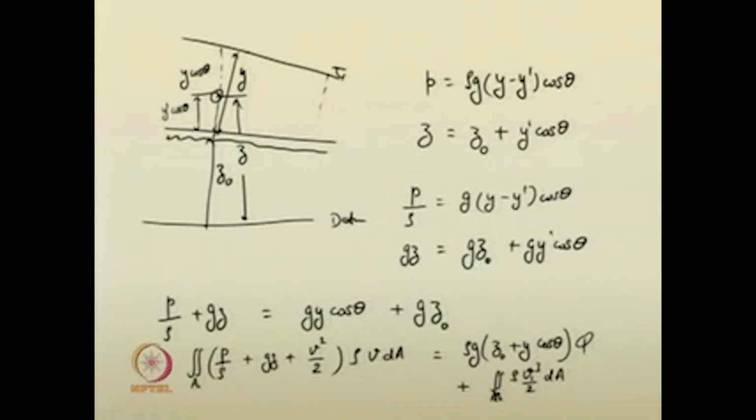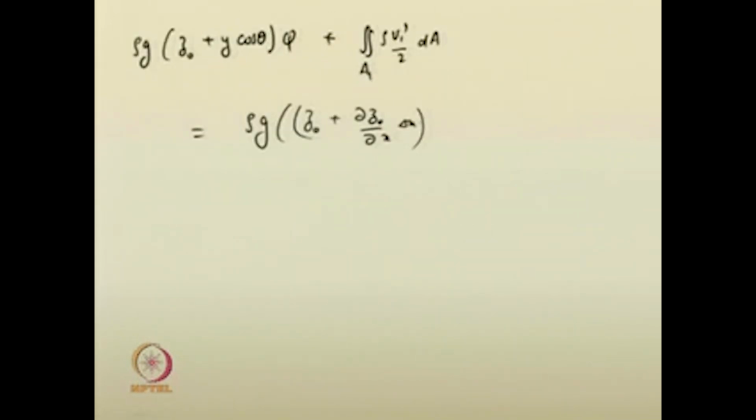If this is the right hand side, the bed slope, z0 in the upstream and z0 in the downstream, if it is changing by this quantity, I can write it like this.